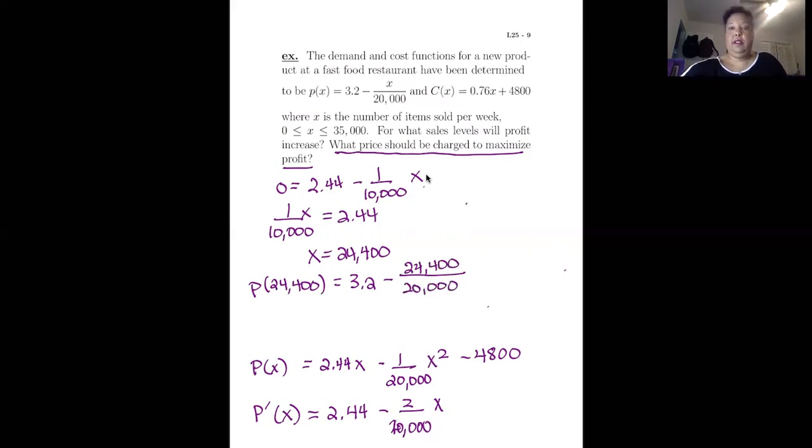And we plug that into our calculator and see what we get. We get 3.2 minus 24,400 divided by 20,000. All right, so it looks like $1.98.